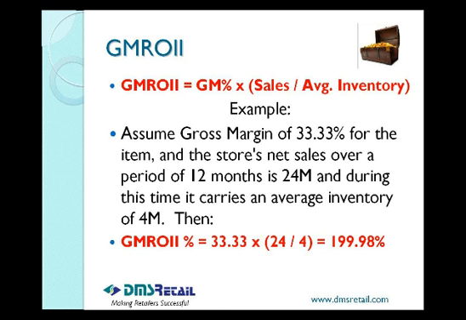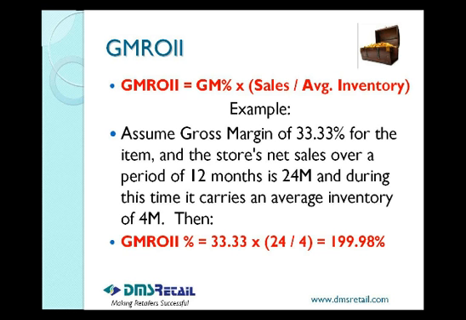Then your GMROI percent is 33.33 times 24 over 4. 24 over 4 gives you 6, and 6 times 33.33 will give you 199.98%. Now, the beauty of this formula is that it gives you one number for three things.